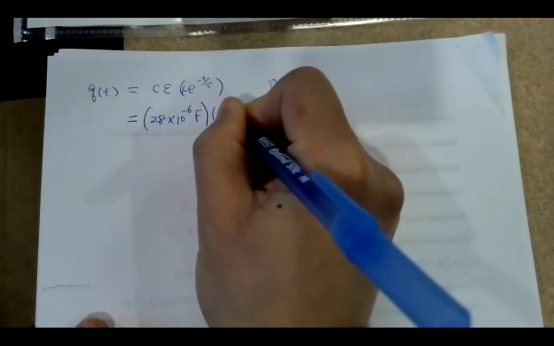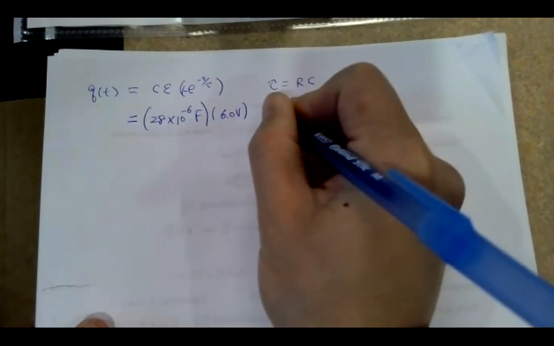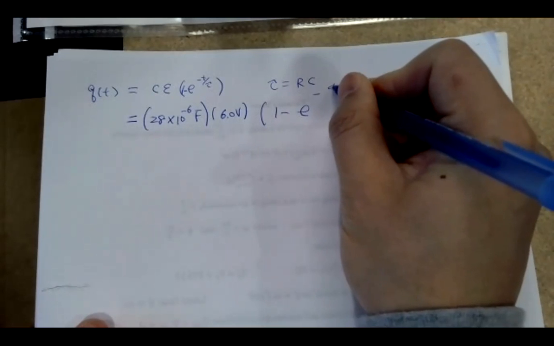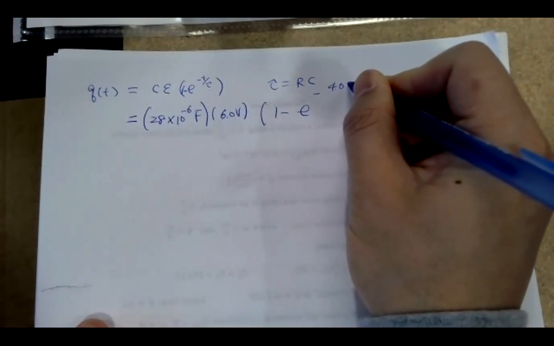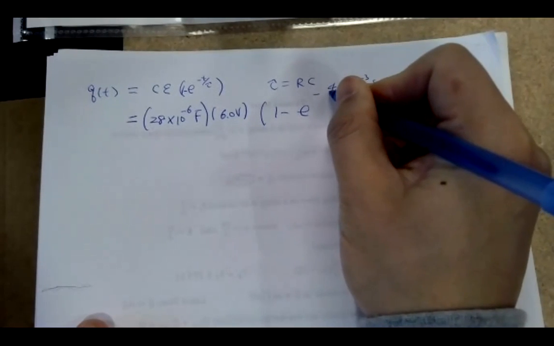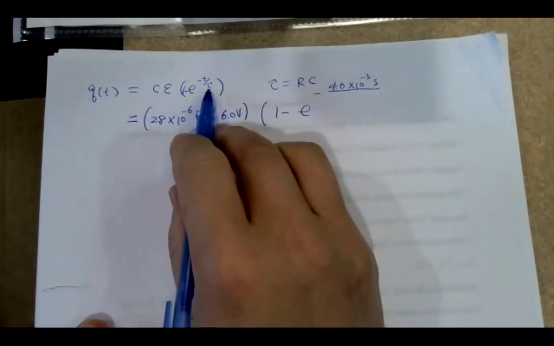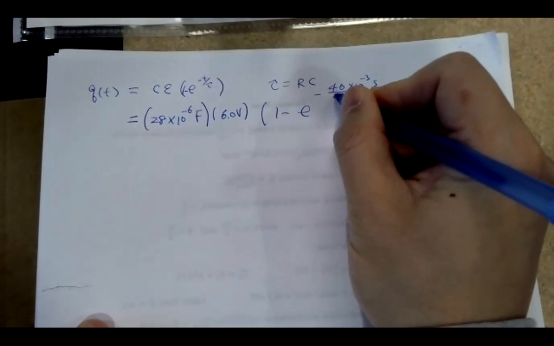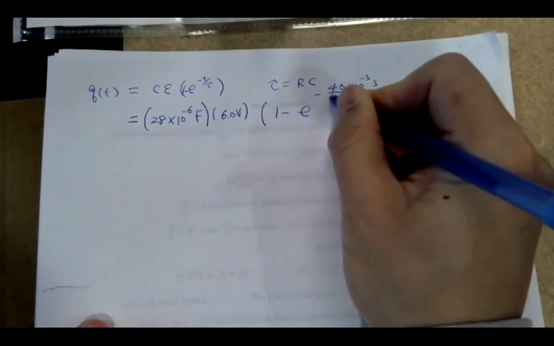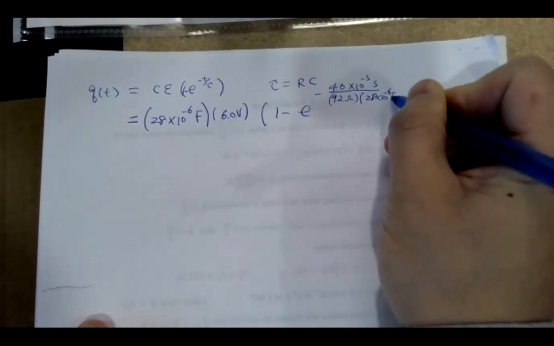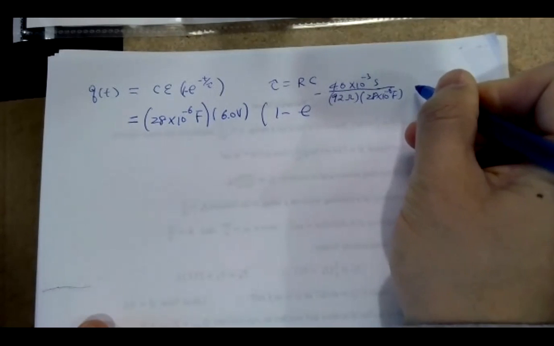Epsilon is 6.0 volts, and then 1 minus exponential of minus t. t is given as 4.0 milliseconds, so 10 to the minus 3, divided by this tau constant, which is R times C. R is 92 ohms, and C is again 28 times 10 to the minus 6.